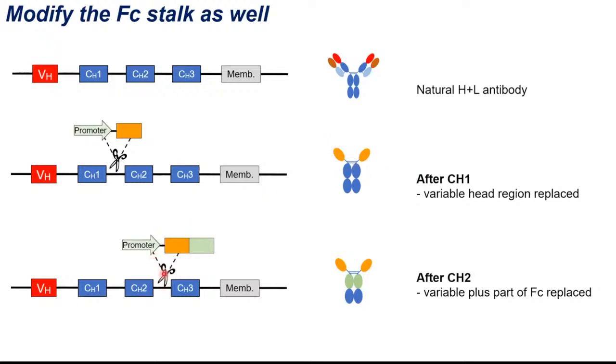But we are also now showing that we can go into other regions. For example, if we went into this region here with our CRISPR-Cas9 editing and inserted not just a head, but a head plus the first part of the stalk, we can end up with a heavy chain antibody that looks like this. And in this green blob, this part of the stalk, we can put in anything we want and include mutations to enhance the function of the antibody.